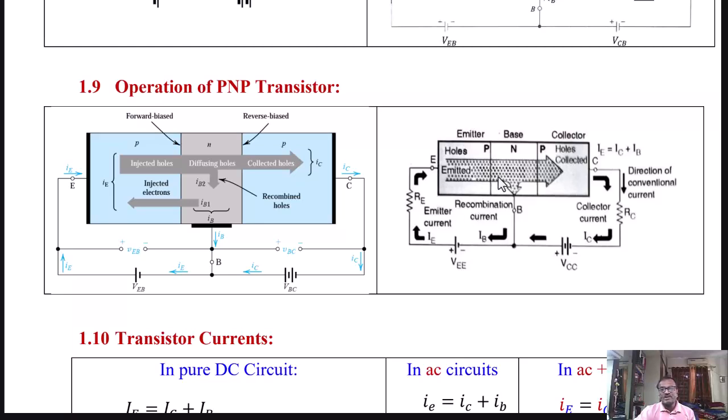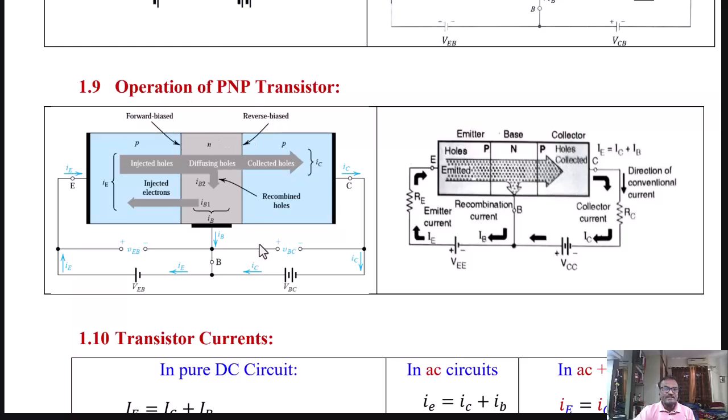And therefore here also the current which is injected by the emitter into the base will be divided into two parts. One constitutes the base current and the remainder will be collected as the collector current. So we can write IE is equal to IC plus IB here.